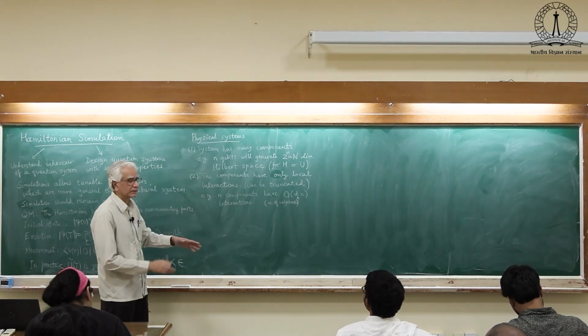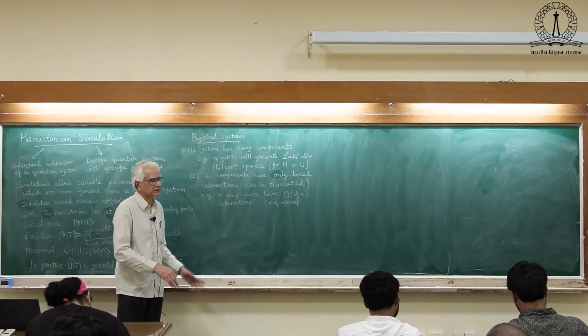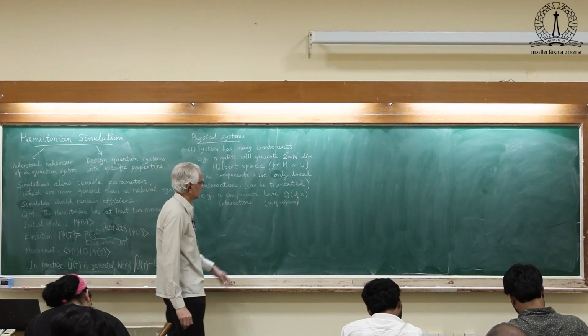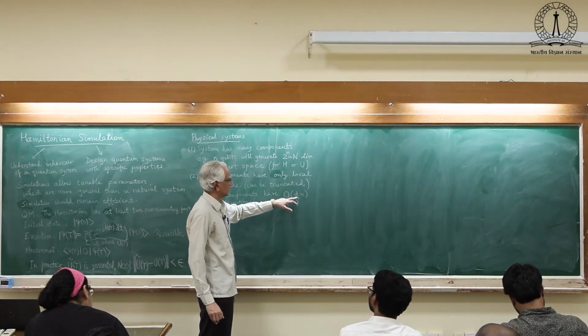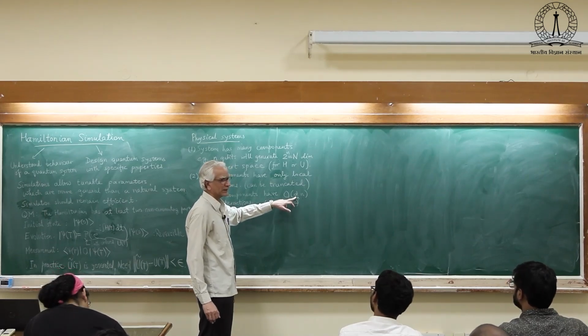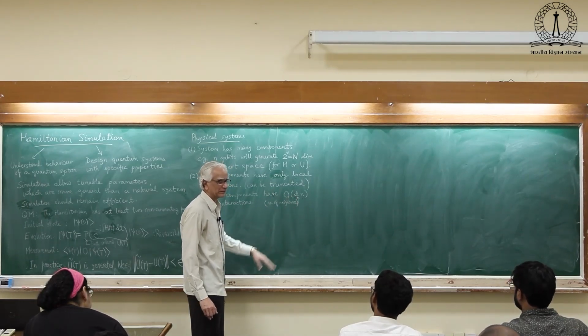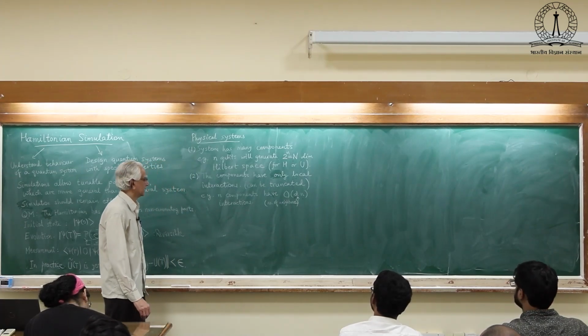We have some components, they have some neighbors, they will interact with them, and it doesn't go very far. Local means that this number is finite. If n goes to infinity, this number is not going to go to infinity. That's what it is.